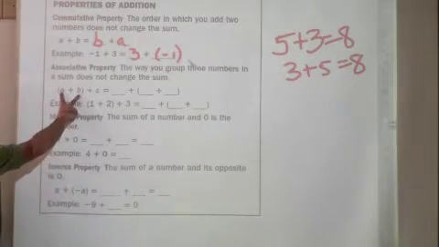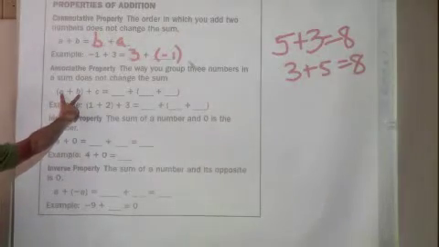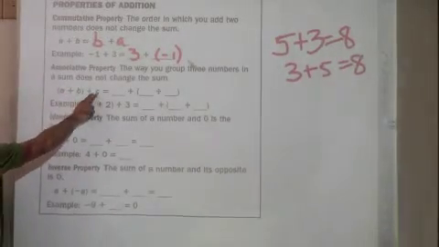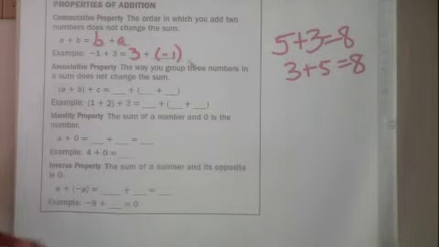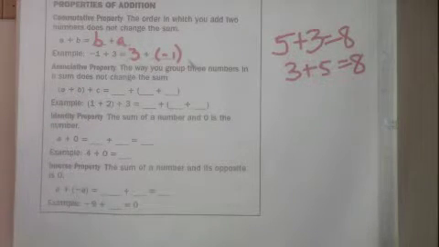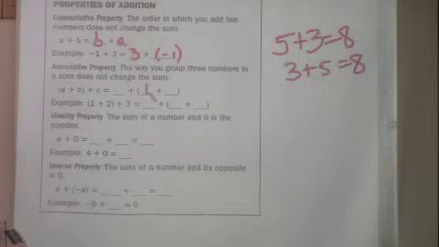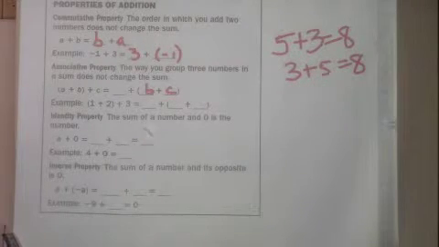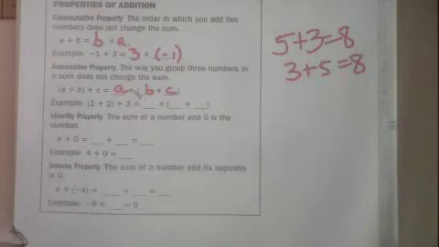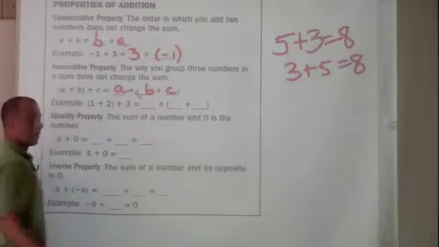A and B are at the party already, because we had to do grouping symbols first. A and B are at the party, C shows up. Well, the bottom line is A, B, and C are all at the party. That's no different than if B and C are at the party first, and then person A shows up. Either way, A, B, and C are all at the party.